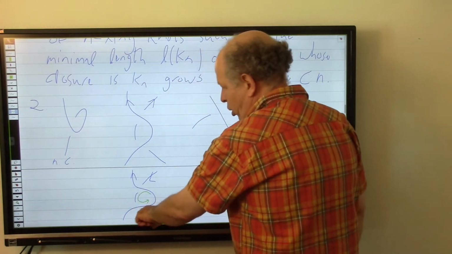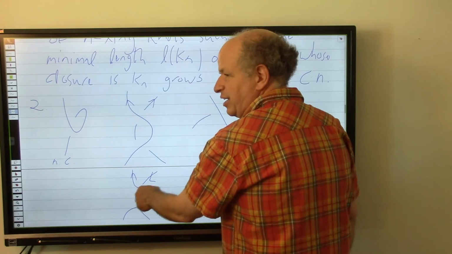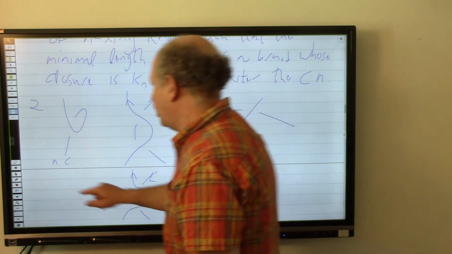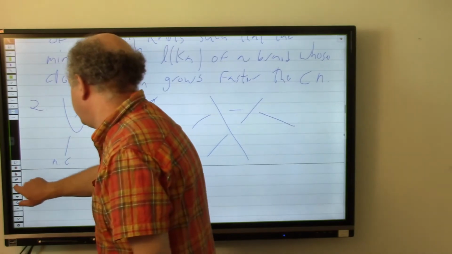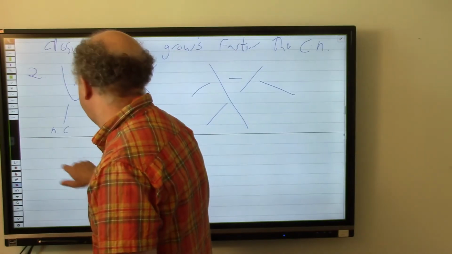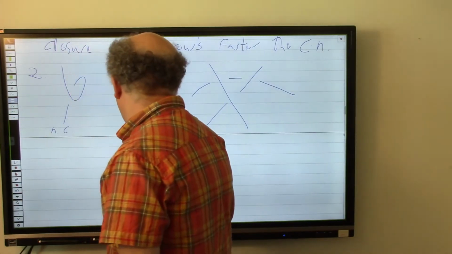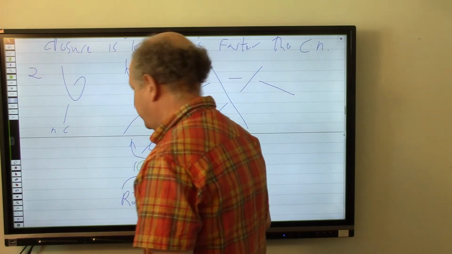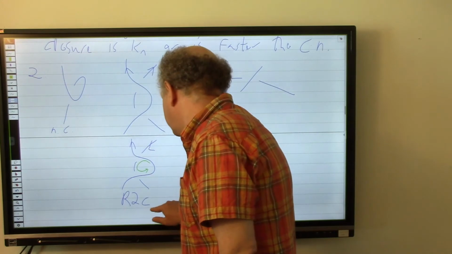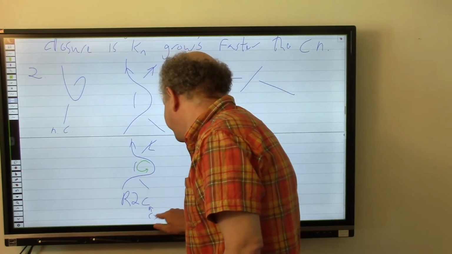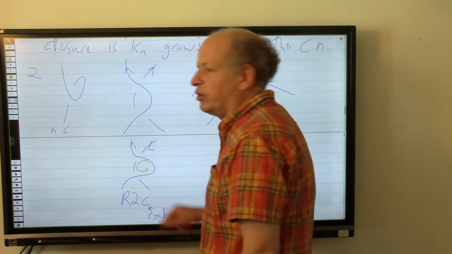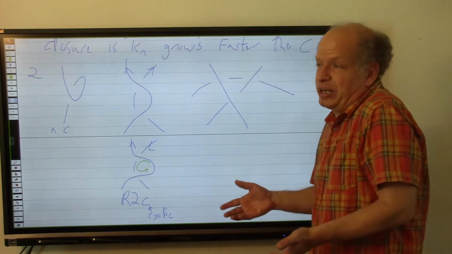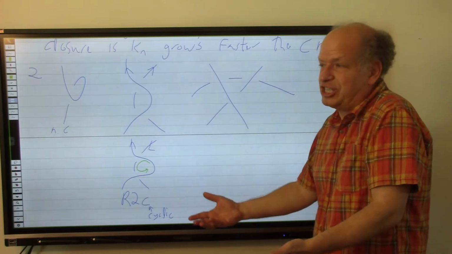Right? If you follow the orientations, you get a cycle. So I will call this variant of Reidemeister 2 R2C, for R2 with a cyclic interior. And so far it never mattered, so I never bothered to say it, but you can make this separation.